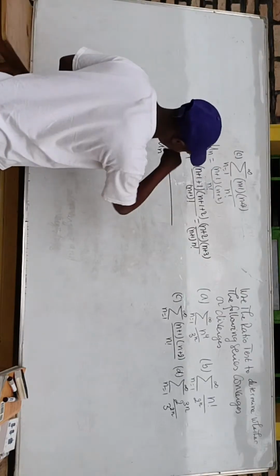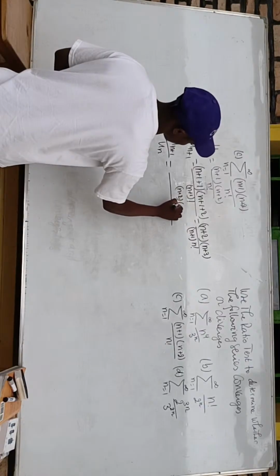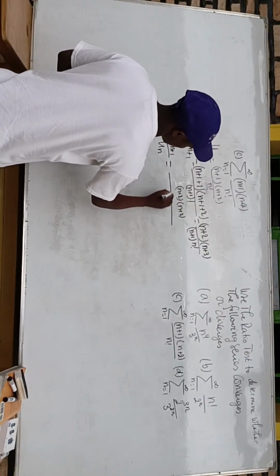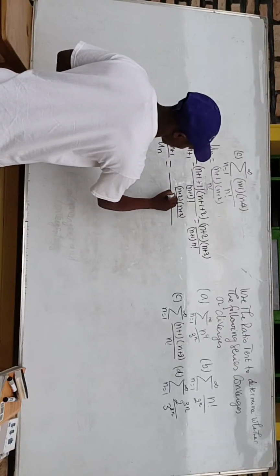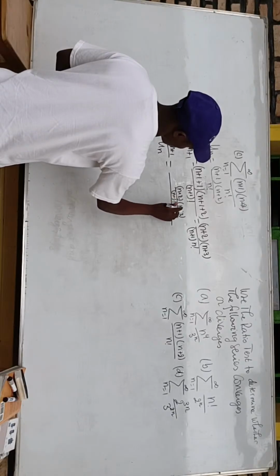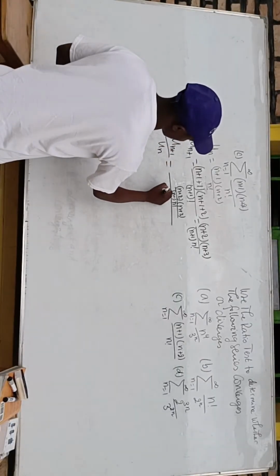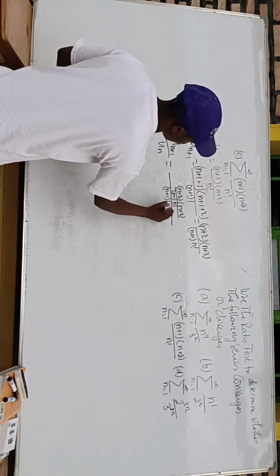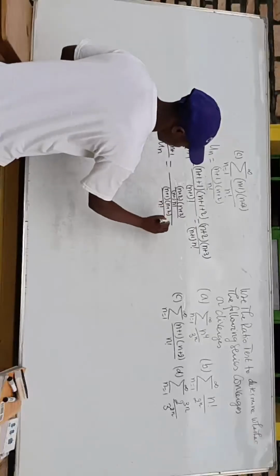This is (n plus 2)(n plus 3) over (n plus 1) times the factorial of n, over our u_n, which is (n plus 1)(n plus 2) over the factorial of n.